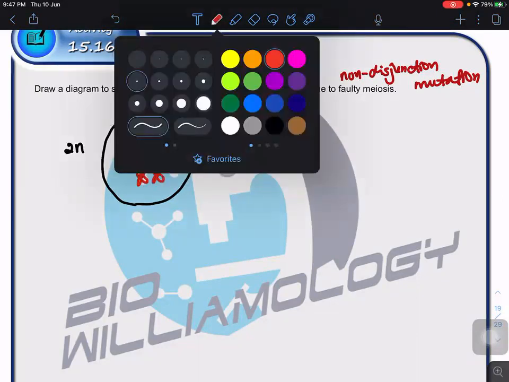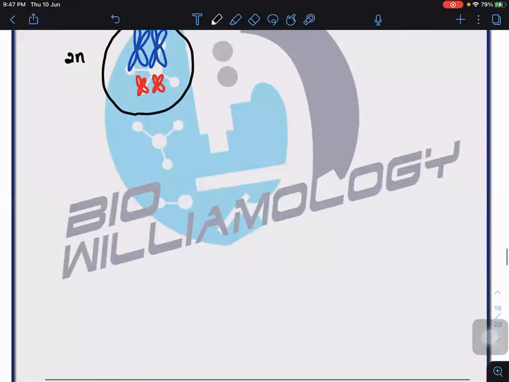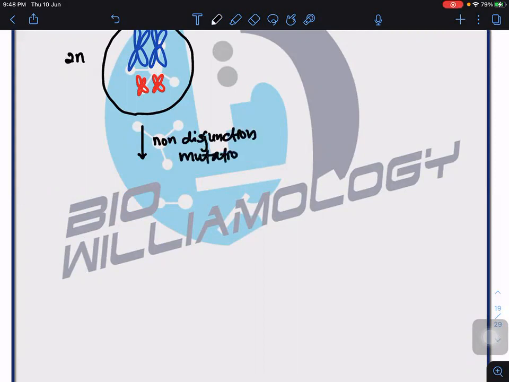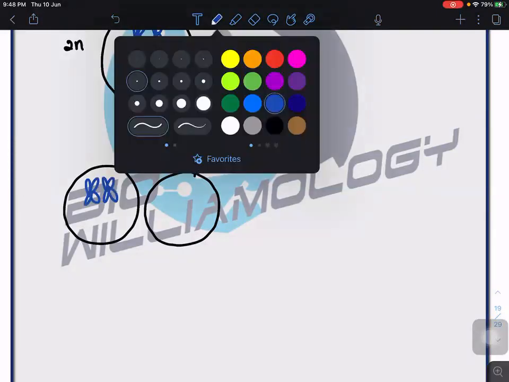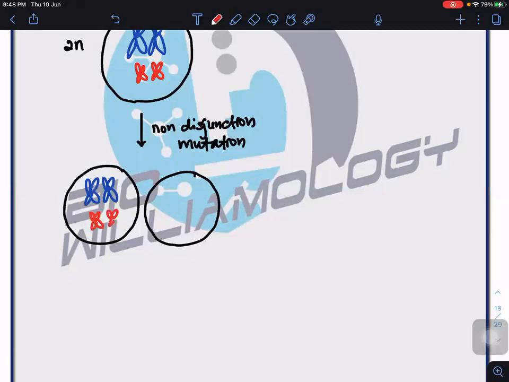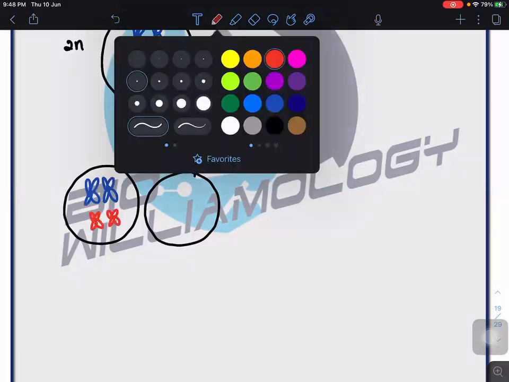Because of the non-disjunction mutation during meiosis 1, you get 2 cells. Because of non-disjunction, you get 2 blue chromosomes together and 2 red chromosomes together, and then it's going to form a diploid gamete.